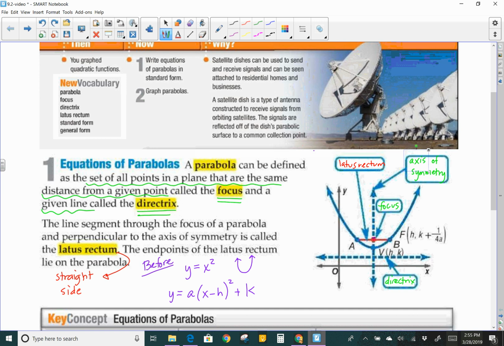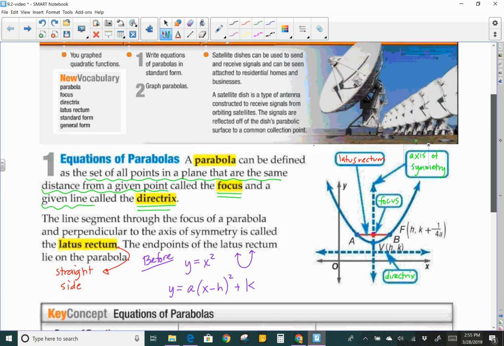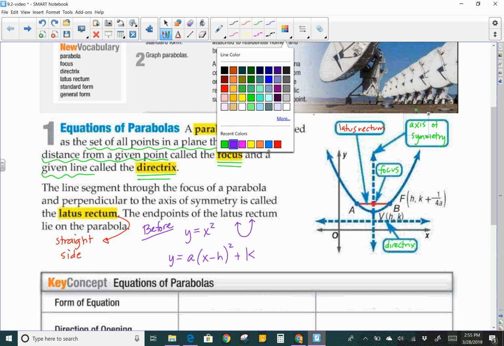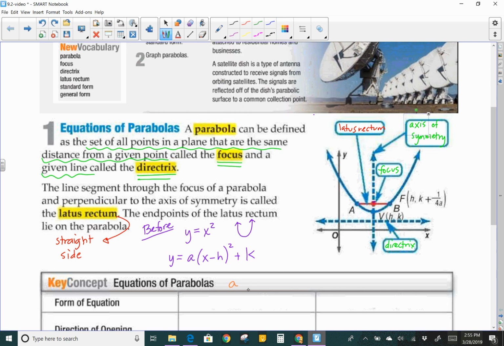What is new that we're adding is we're going to define that a. This a is equal to 1 over 4p. Or if you want to think of it, p is equal to 1 over 4a.